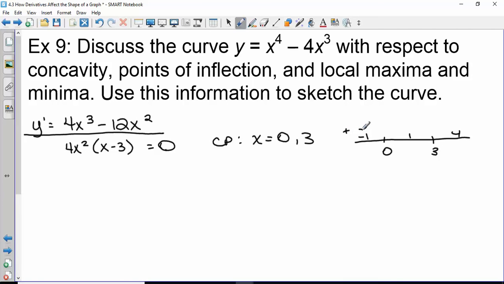Negative 1 minus 3 is negative, so that section's negative. If I put in a 1, 4 times 1 squared is positive. 1 minus 3 is negative, so that section is also negative. If I put in a 4, 4 times 4 squared is positive, 4 minus 3 is positive. So that's positive.